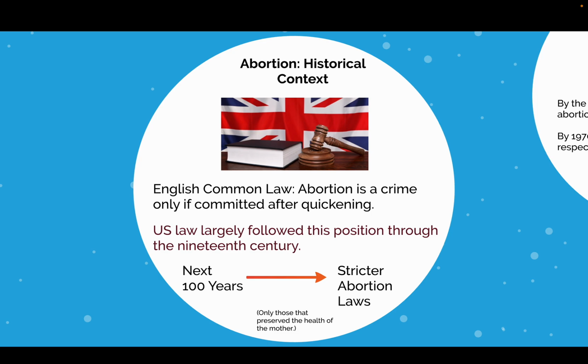Now, fast forward to the 1700s and 1800s, and we have English common law. And we're looking at English common law because this greatly influenced U.S. positions during this time period. So for English common law, abortion is a crime only if committed after quickening.